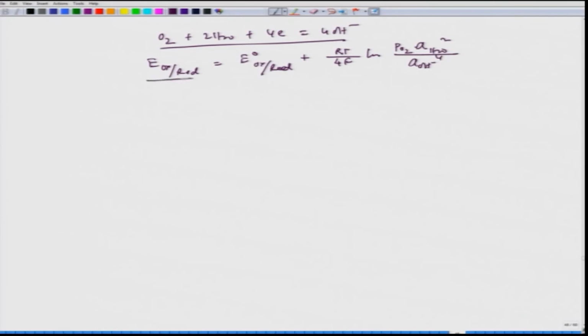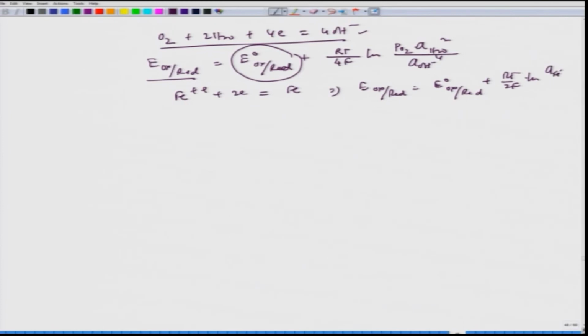So, this is the potential we are trying to see with reference to the standard reduction potential for this reaction. And again for iron, here also we are writing E ox/red equal to E0 ox/red plus RT/2F ln activity of Fe++ by activity of Fe.